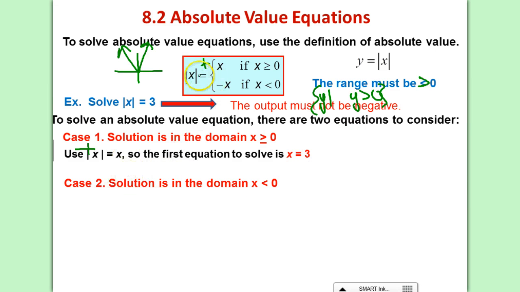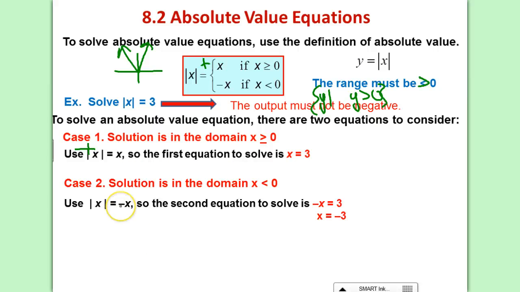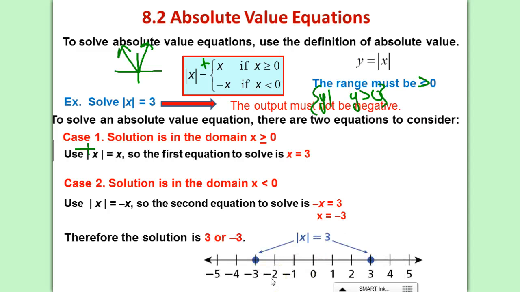What's the second equation? The negative case is obviously absolute value of x equals minus x, so the equation would be minus x equals 3. When does minus x equal 3? Obviously when x equals minus 3. Very simple. So what are the two solutions for absolute value of x equal to 3?